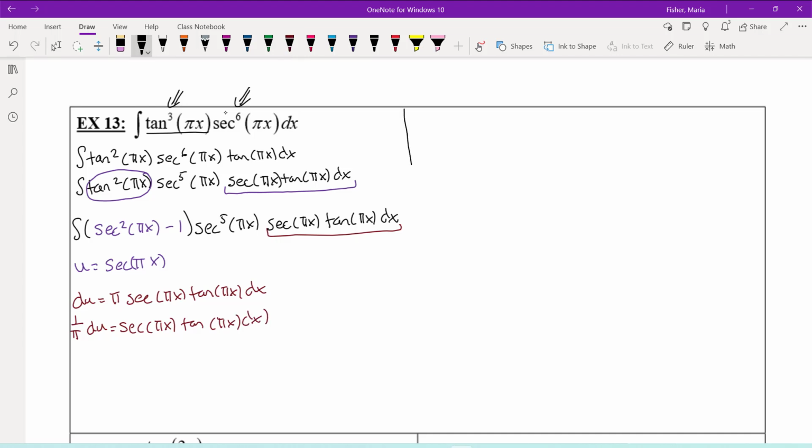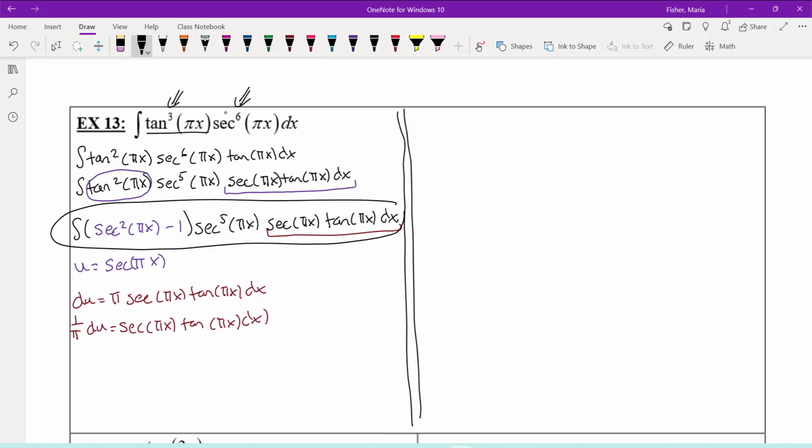Moving over to the right-hand side, this becomes the indefinite integral of u squared minus 1, and then u to the 5th, and then 1 over pi du.